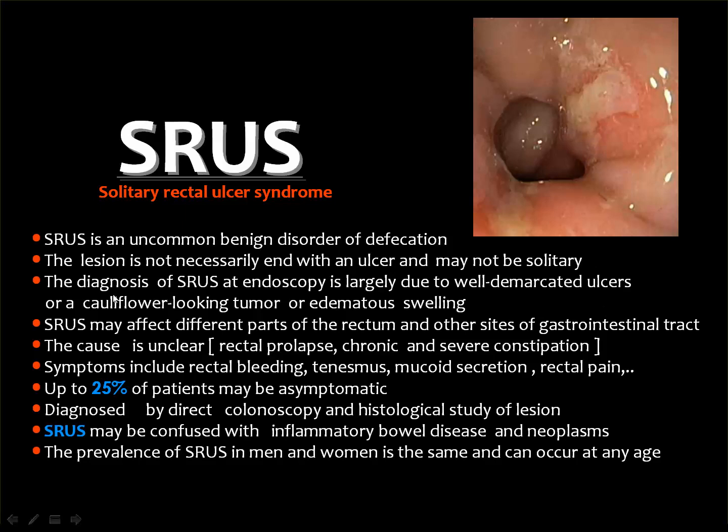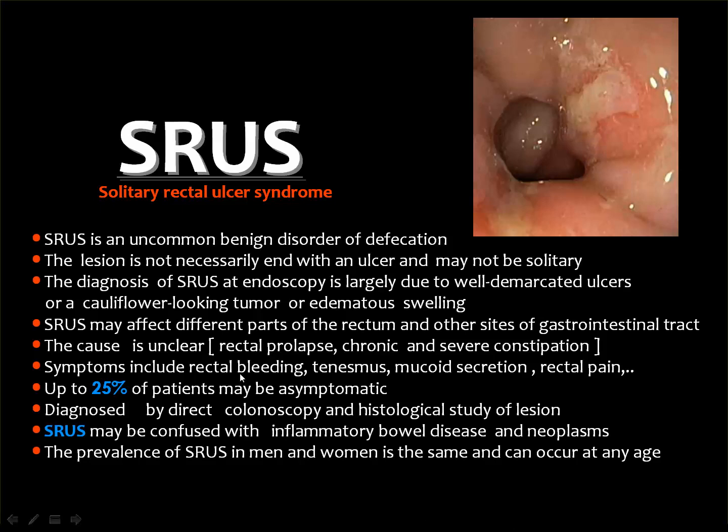Then the diagnosis of this lesion is based on endoscopy, where you see a large well demarcated ulcer or a cauliflower looking tumor or edematous swelling of the mucosa. This ulcer may affect different parts of the rectum and other sites of the gastrointestinal tract. The cause is unclear and may be related to rectal prolapse or severe constipation.